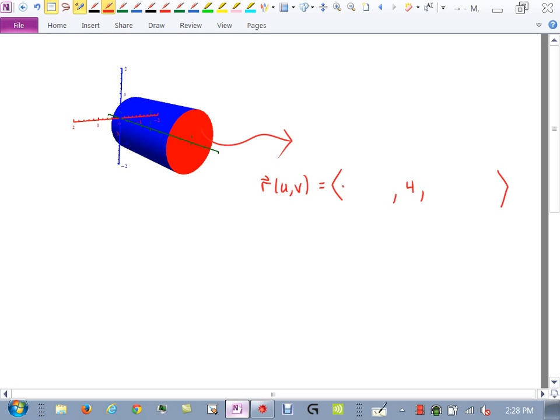So I need to use the v to change the radius, and the u to have control over the angle. It's not so bad. Now u goes between 0 and pi, and v goes between what? 0 and 1, so that's my radius.